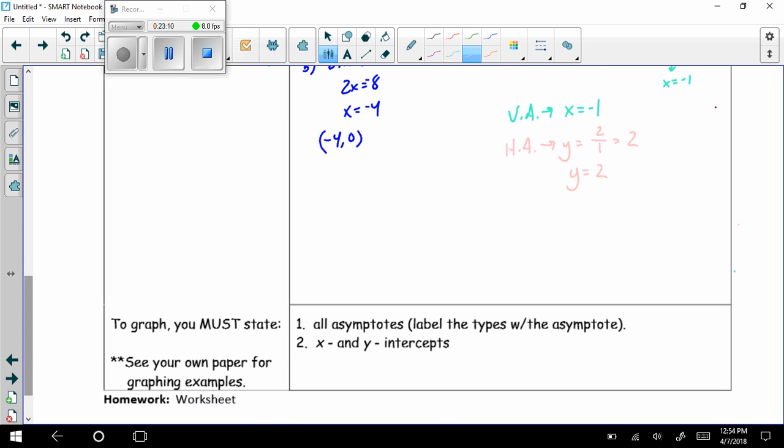And hopefully it gets worked out as we work through the homework in class. So ask me questions if you have them. As we graph, and this is what we'll talk about first thing, I need you to state and label all asymptotes and then x and y intercepts. So that's why I had you do B and C. And I'm not taking away your calculator for this portion, but I do need to see the work that allows you to come to the conclusion that your graph shows. So, as always, see me for help.